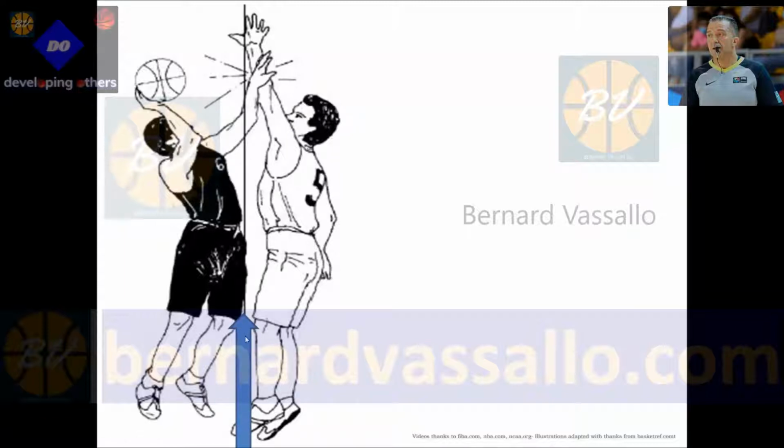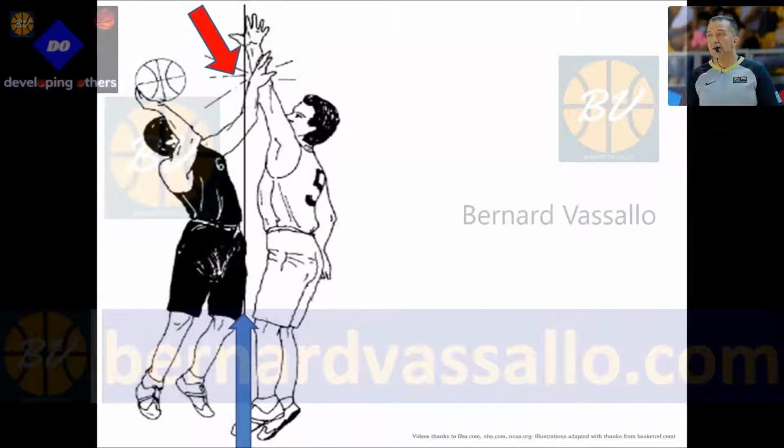Here we can see that the defender is jumping vertically in his cylinder, but the offensive player is extending his non-shooting arm to prevent the defender from reaching towards the ball and maybe even blocking the shot.